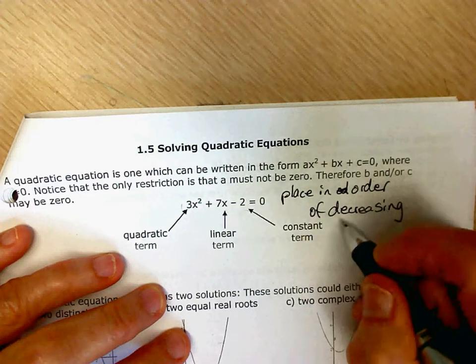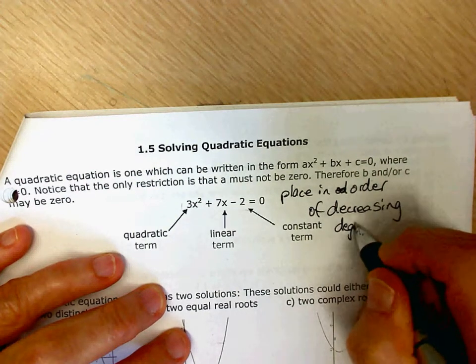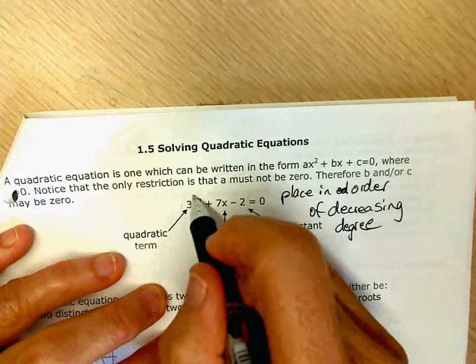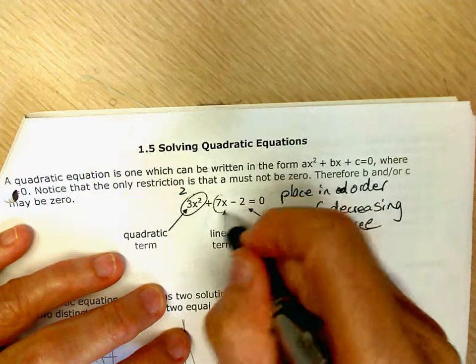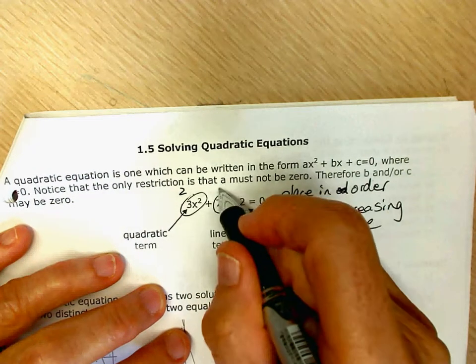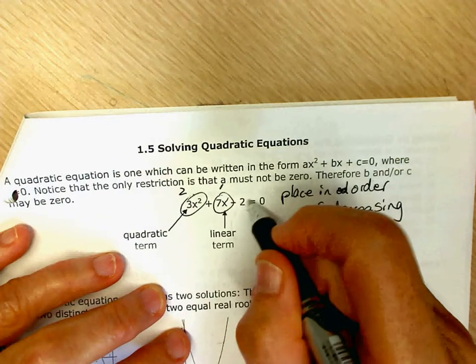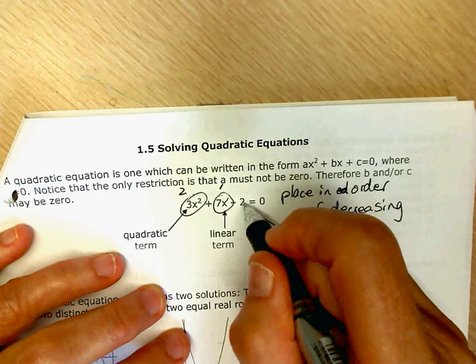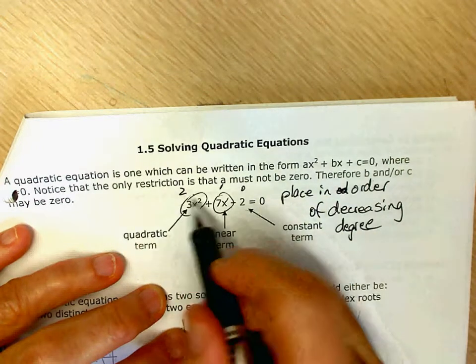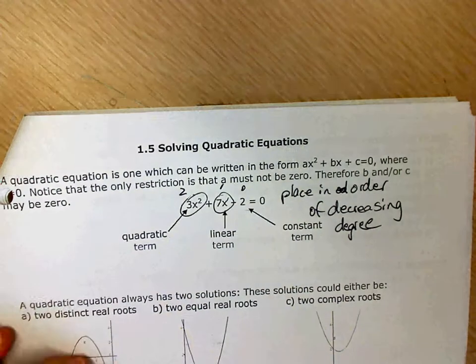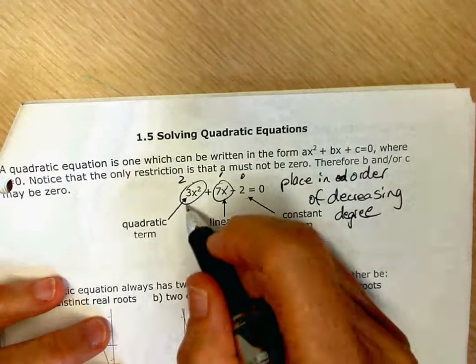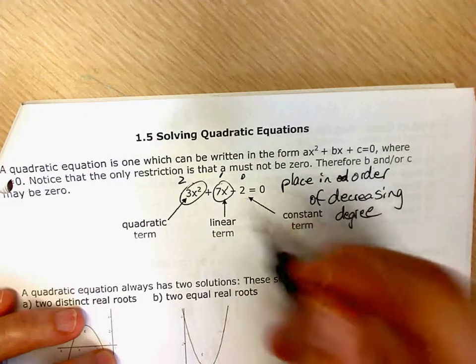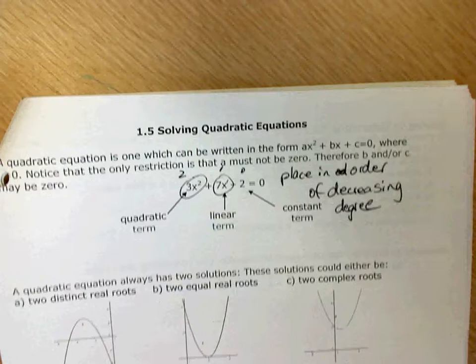So notice the degree of this is 2. The exponent on x is 1, so the degree of that is 1. There's no x variable here, so the degree is 0. So it's 2, 1, 0. It's in order of decreasing degree, with your quadratic term before your linear term, before your constant term.